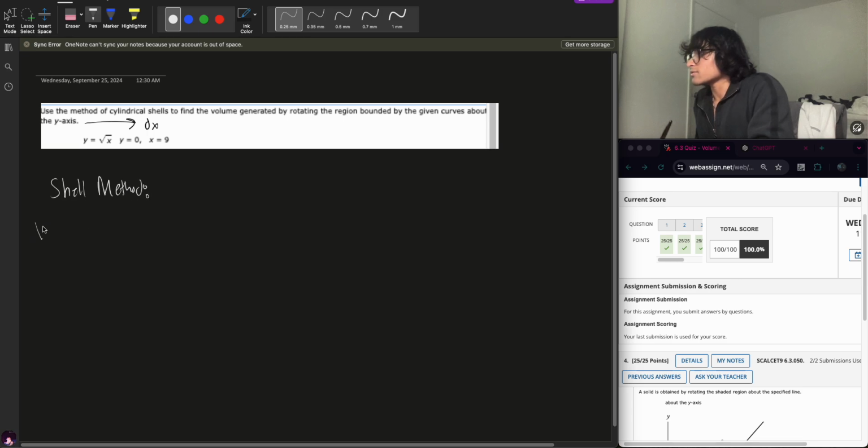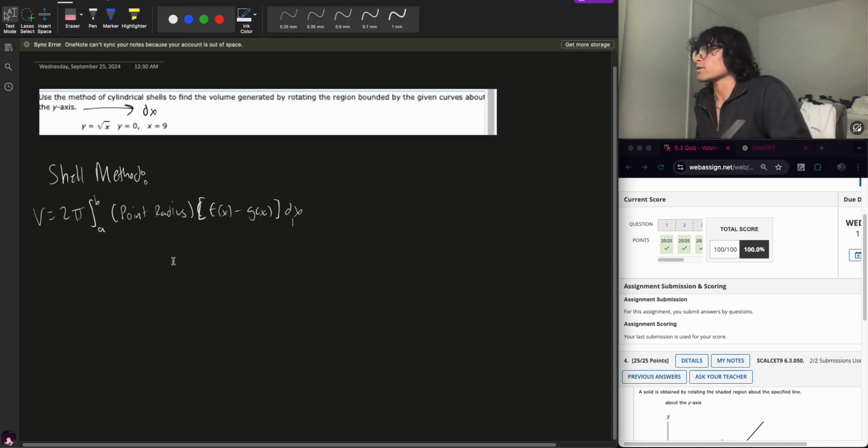Our shell method is volume equals 2 pi times the integral from a to b of the radius times f of x minus g of x dx. In this case, we are using dx.